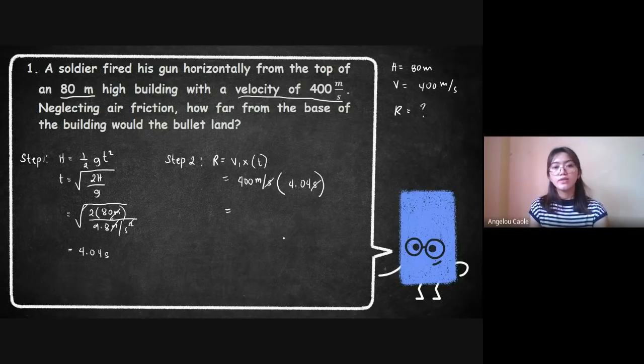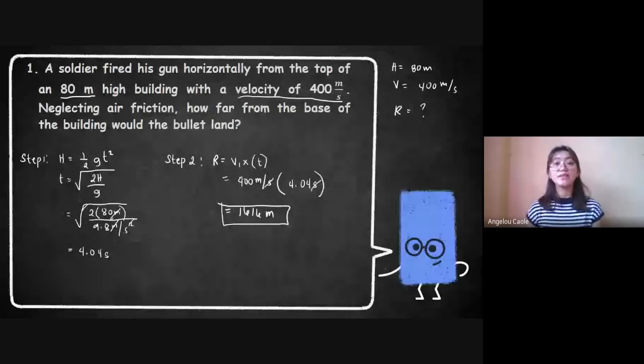Okay, so the value of range is we have 400 times 4.04. Okay, it's 1,616 meters. Okay, so how far from the base of the building would the bullet land? It's 1,616 meters. So that's for the first example.